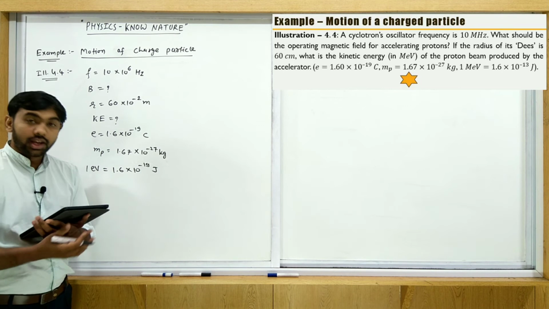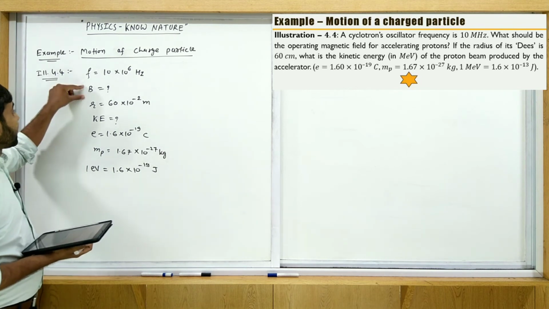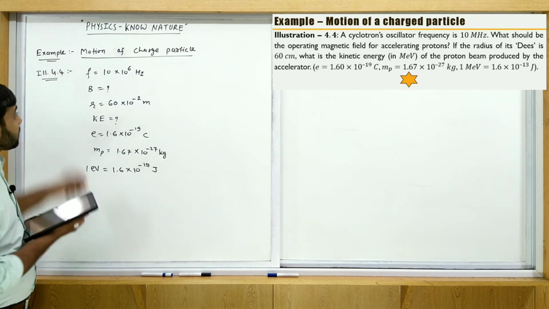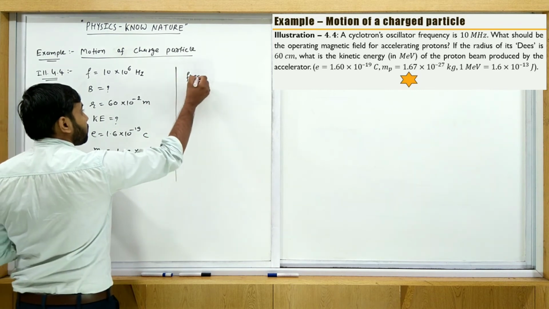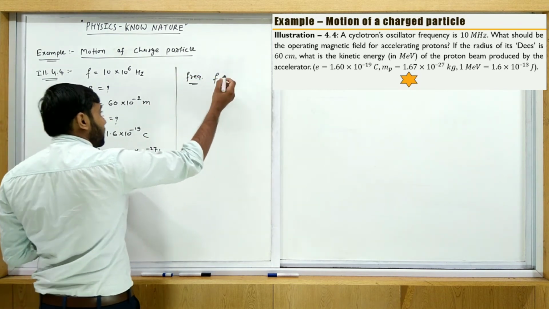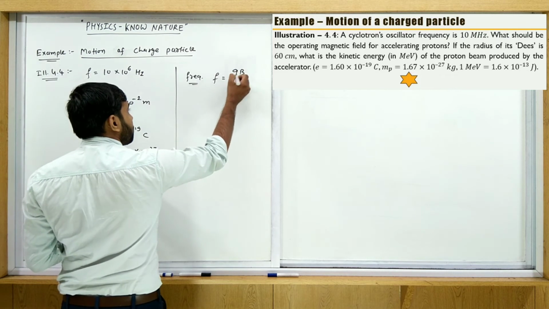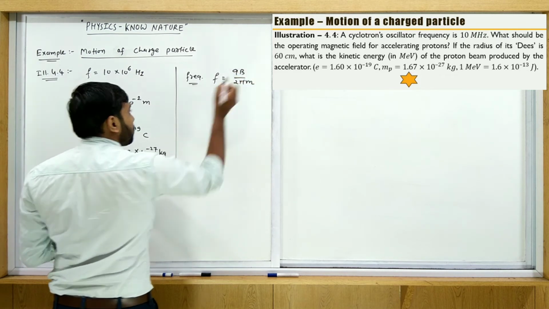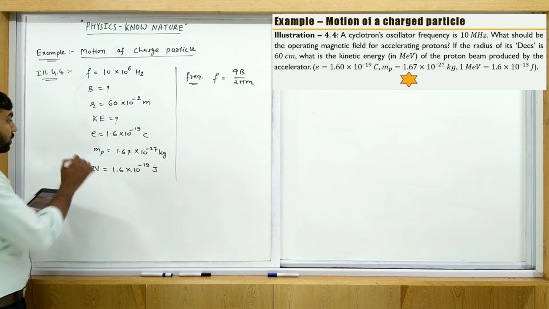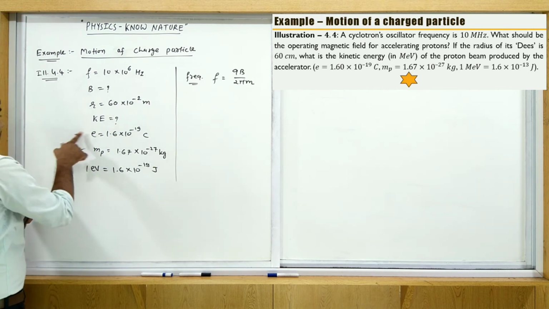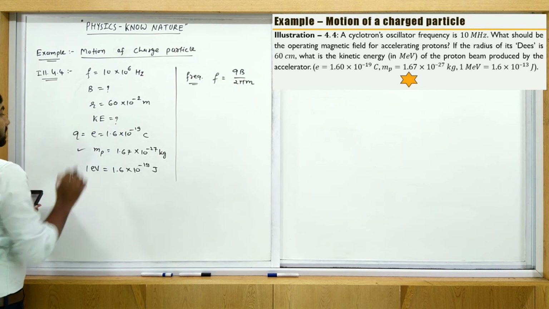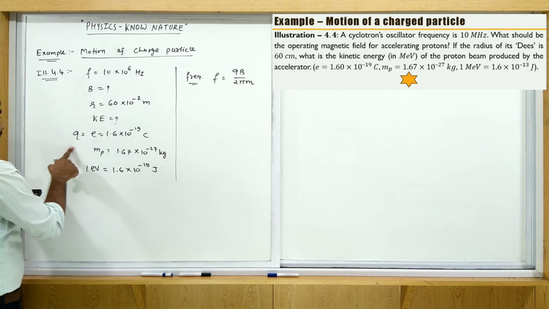You have to find this magnetic field. The frequency is given, so directly put the equation of frequency. F is equal to QB upon 2 pi m. Here Q is replaced by e and m is replaced by m proton.